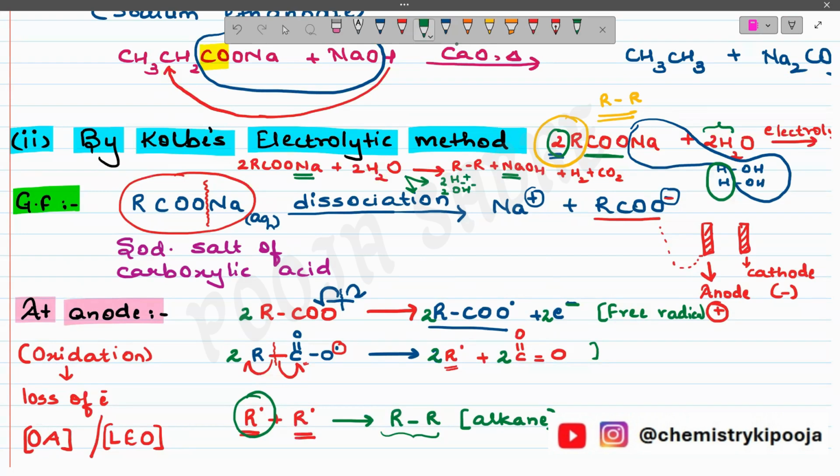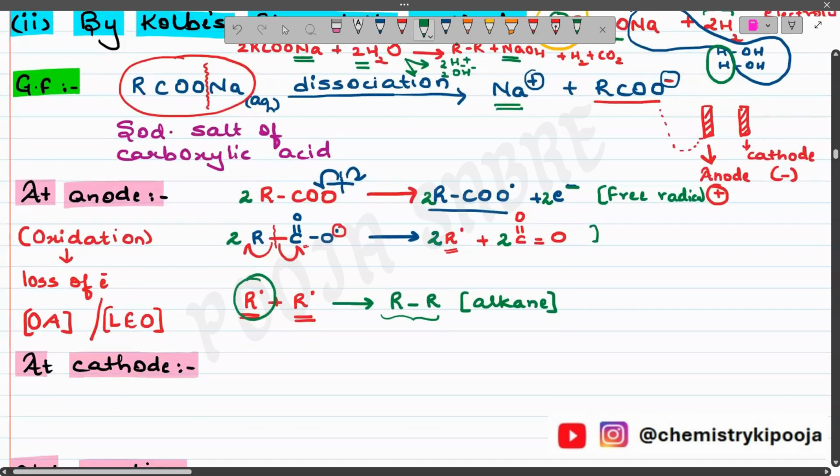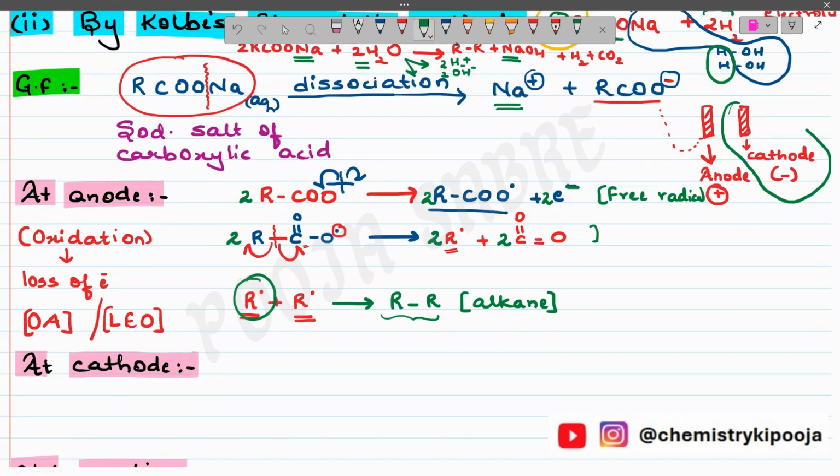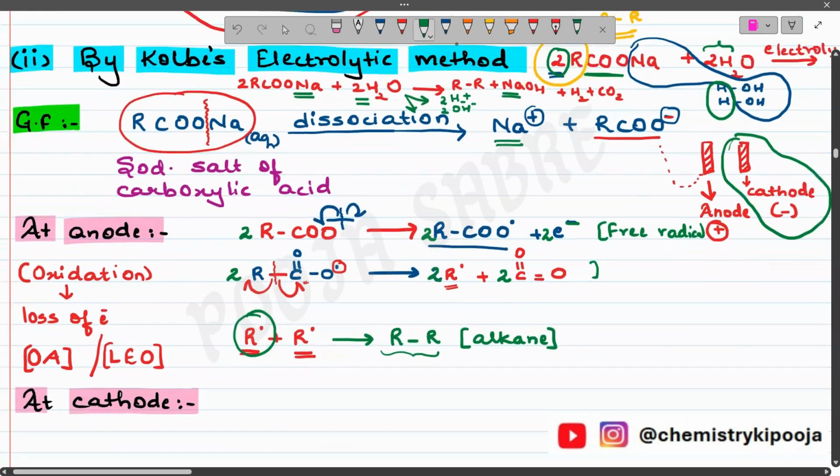Now we have two positively charged ions: Na, which we get from the sodium salt, and H plus, which we get from water. And we have already studied that the cathode is a negatively charged species, and towards the negatively charged species, definitely the positive ions will come and get discharged, right?